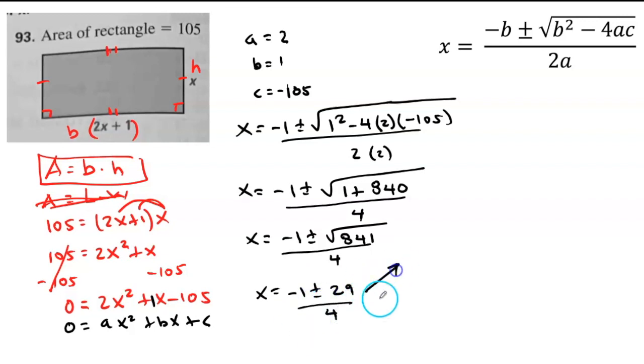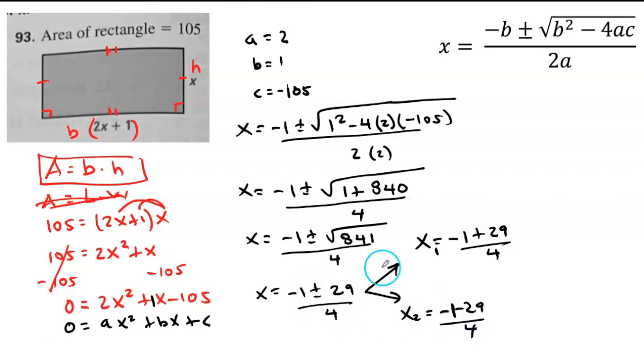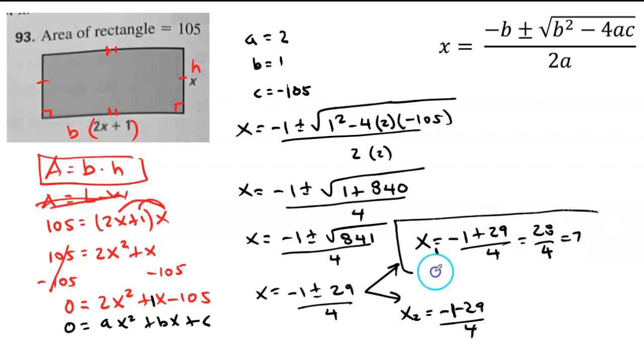From here, I'm going to have two answers. One with a plus, so my first answer, x1, is negative 1 plus 29 divided by 4. My second answer, x2, is negative 1 minus 29 over 4. Negative 1 plus 29 is 28, divided by 4 is 7, and that's my first answer.